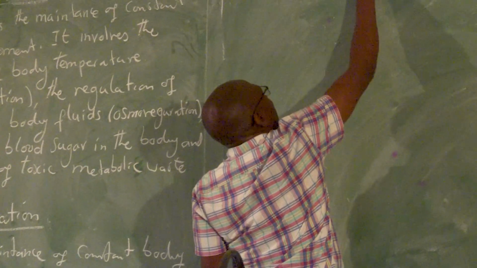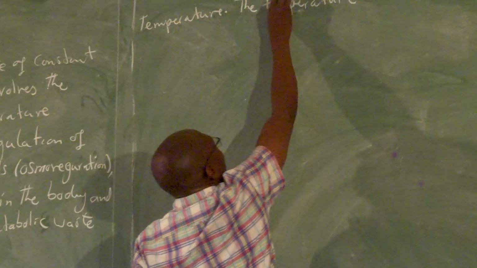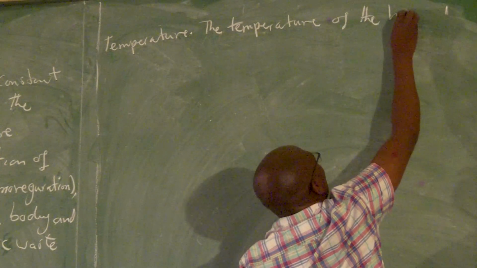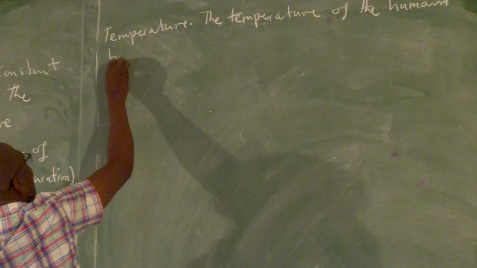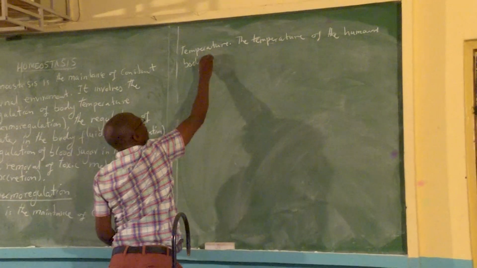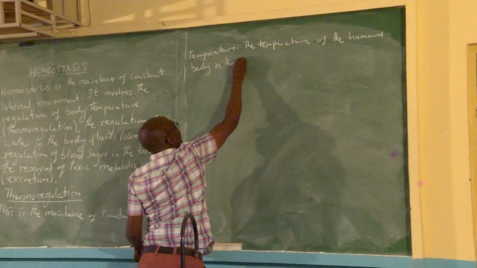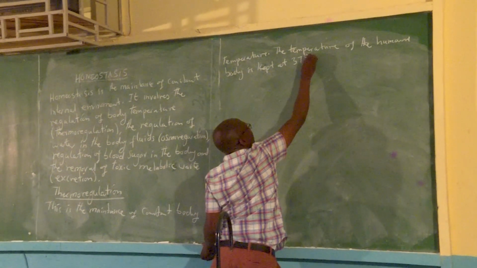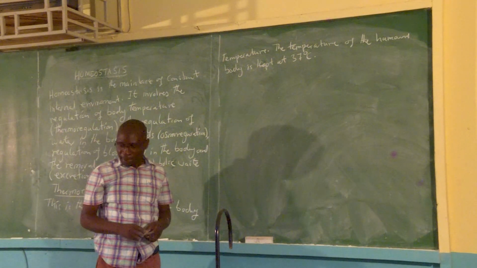The temperature of the human body is kept at 37 degrees Celsius.